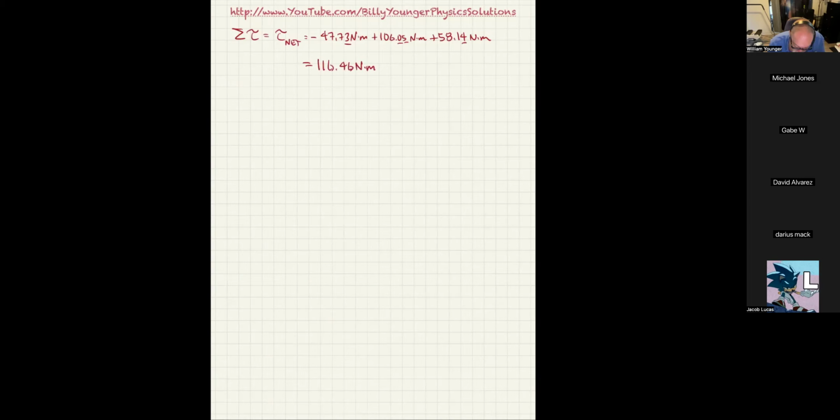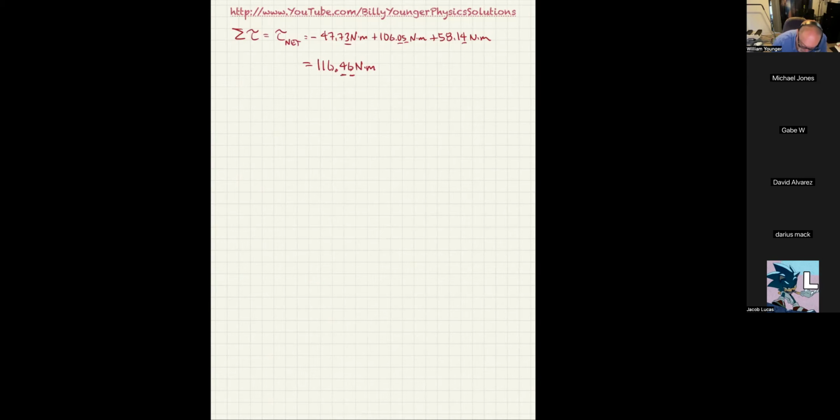If you'll notice, though, the 106.05 means that the tenths place is not significant. And of course, all of them tell you that the hundredths place is not significant. But once the tenth was, then clearly the hundredths can't be. So we'd have to round this to three sig figs total.